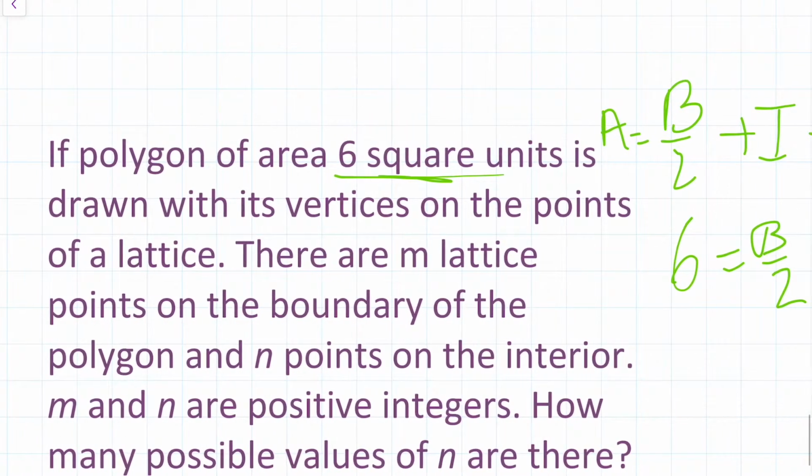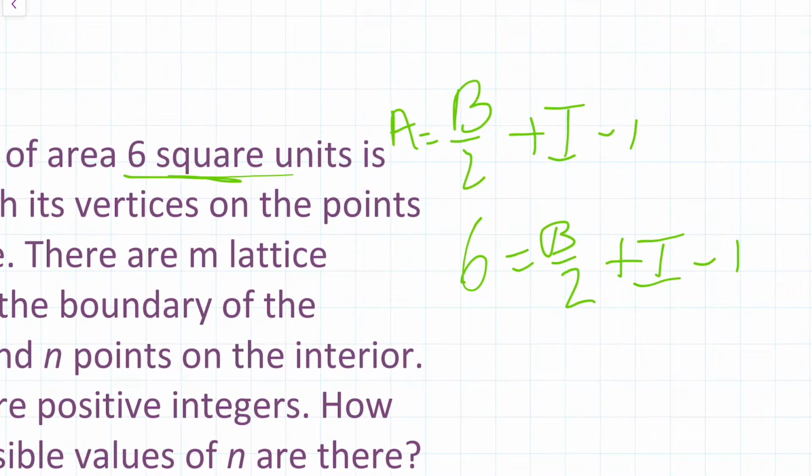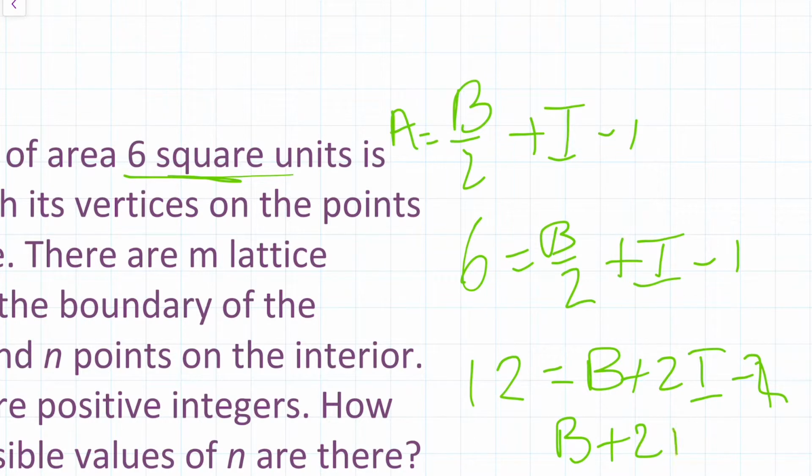We can multiply this equation by 2 to get 12 equals B plus 2I minus 2, and we can write this as B plus 2I equals 14.